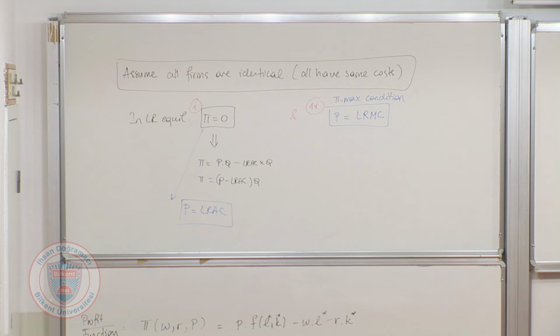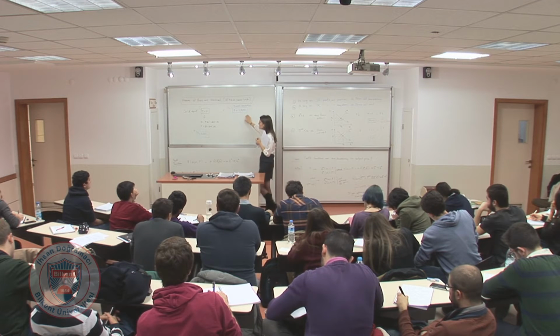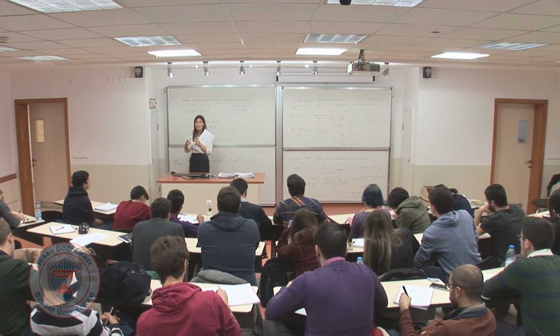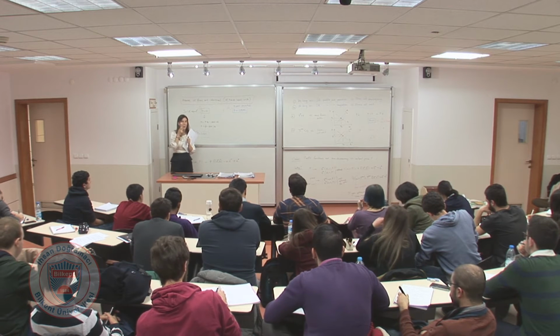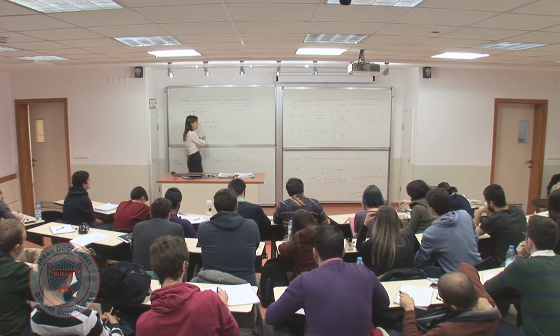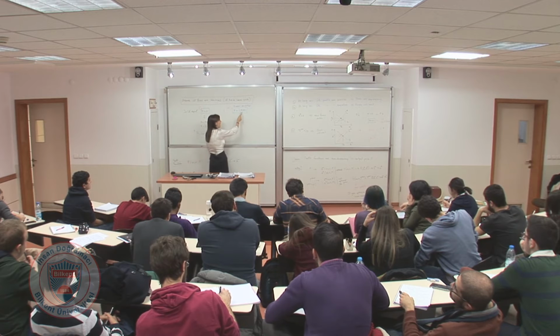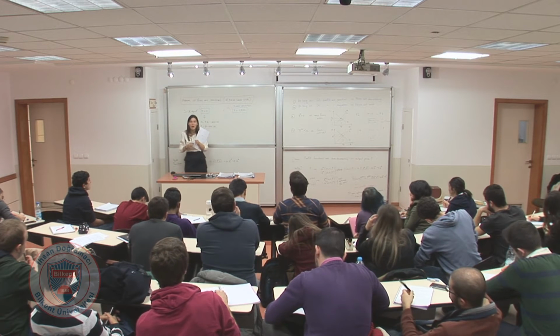You see that there are apparently two conditions which define long-run equilibrium. We know why that is the case. We figured out the dynamics, what's going on. But these are basically two conditions. Price should be equal to average cost and it should also be equal to marginal cost.